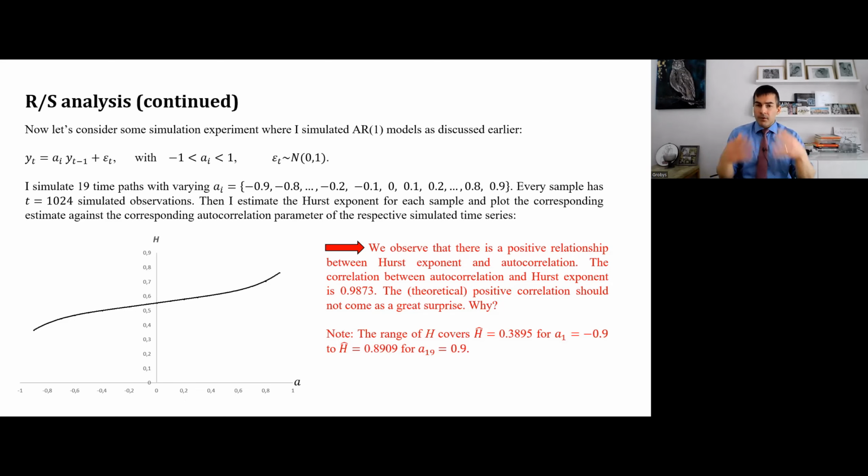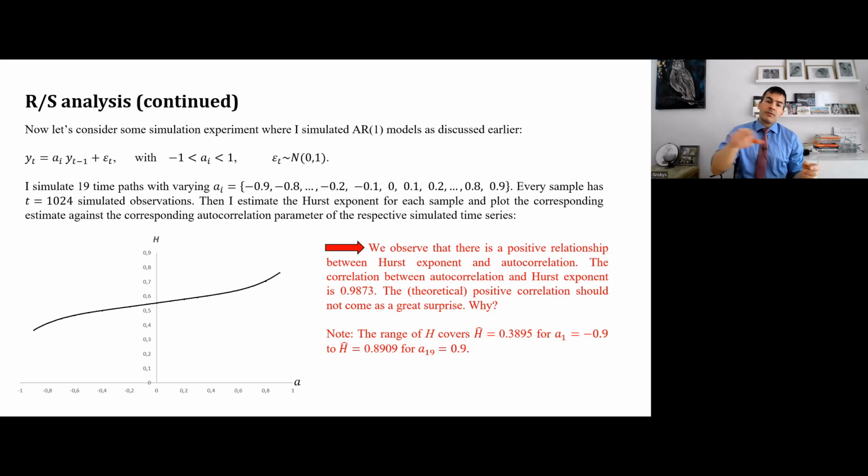Then I estimate the Hurst exponent for each sample, and I plot the estimated Hurst exponent against the corresponding autocorrelation parameter of the respective time series. So I do not need to estimate the autocorrelation parameter because I know it already, because I have simulated the data.